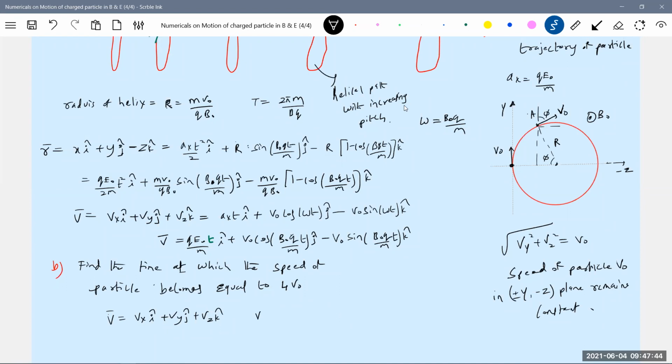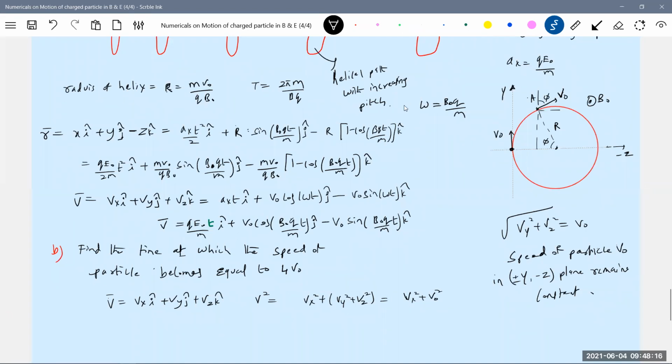So I think the problem has become very simple. V square is equal to Vx square plus, I will group these two, Vy square plus Vz square. Do we know the value of Vy square plus Vz square? That should be equal to v naught square. Time after which the speed will become 4v naught.